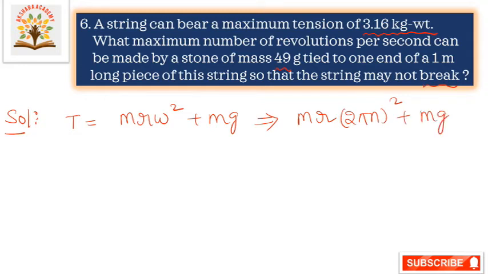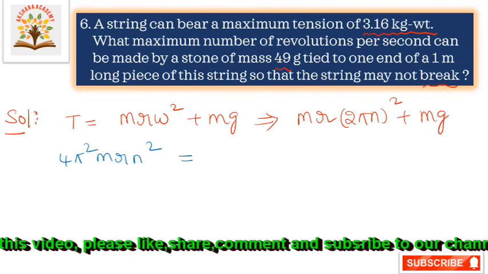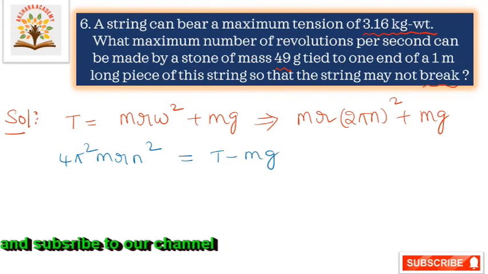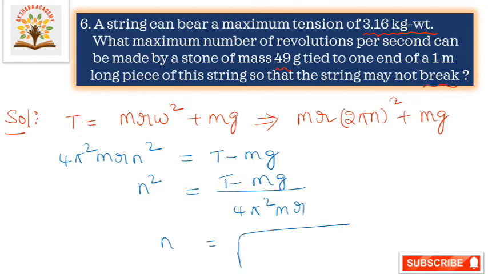So this can be written as T is equal to, 2 square nothing but 4, so 4 pi square m r n square is equal to T minus mg. So n square is equal to T minus mg by 4 pi square m r. Now n is equal to under root of T minus mg by 4 pi square m r.